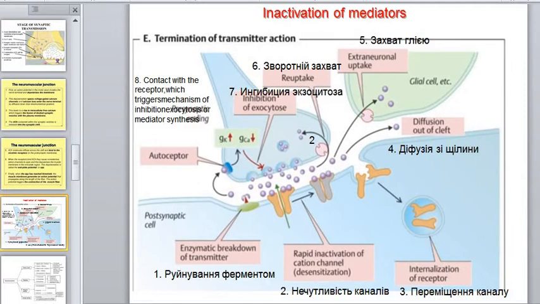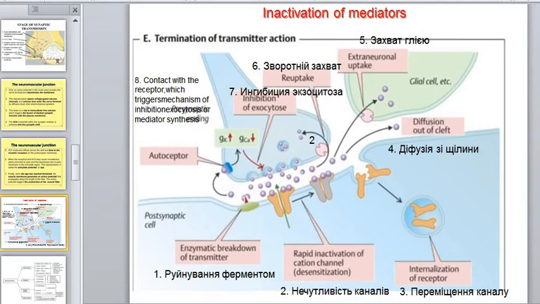Receptors are specialized protein channels that only allow positively or negatively charged ions to move into the cell. For negative ions, in this case we have chloride. And on the next slide, you see all the ways of mediator inactivation.